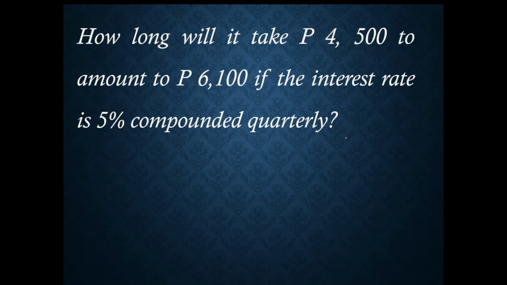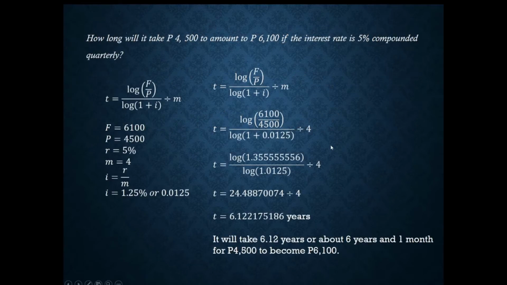So let's look at a given word problem to understand clearly how we are going to use that formula. In our word problem, how long will it take for 4,500 pesos to amount to 6,100 pesos if the interest rate is 5% compounded quarterly? In this case, you have the formula there since we're looking for the time.